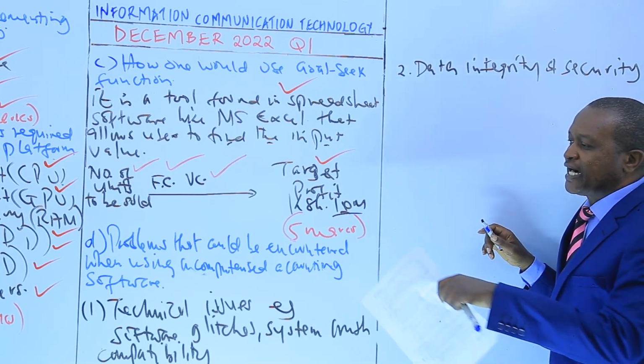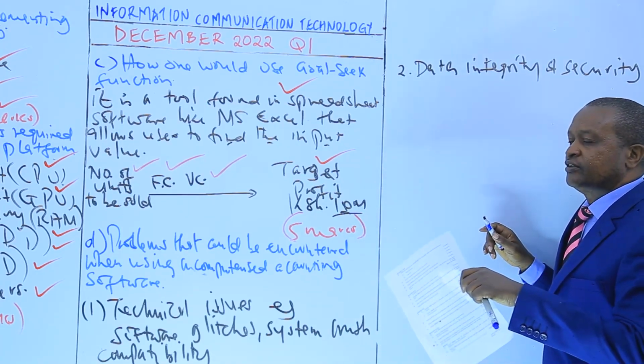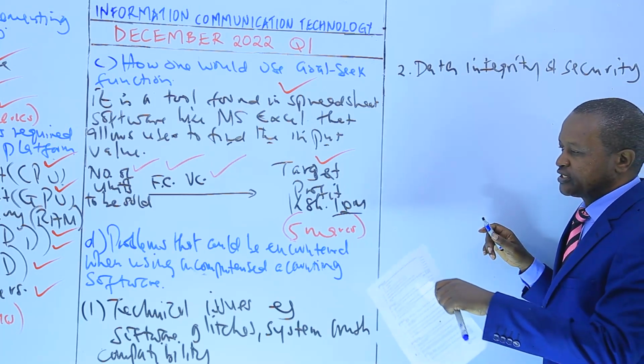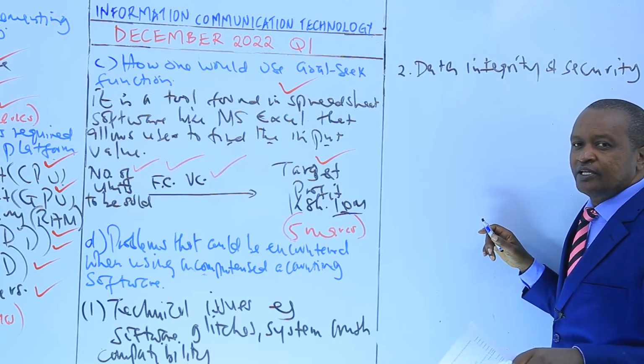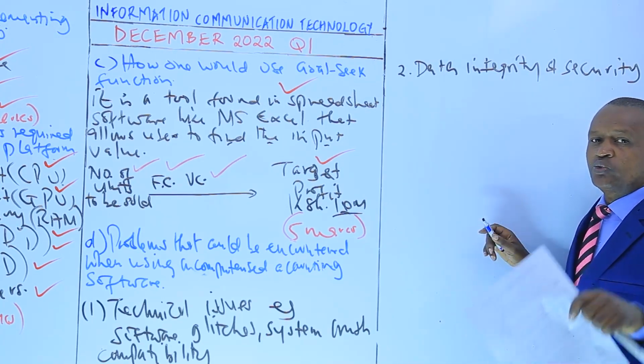What we are talking about is accounting. Accounting has to do with finances or financials. So a computerized accounting system manages sensitive financial data, and maintaining data integrity and security is crucial.